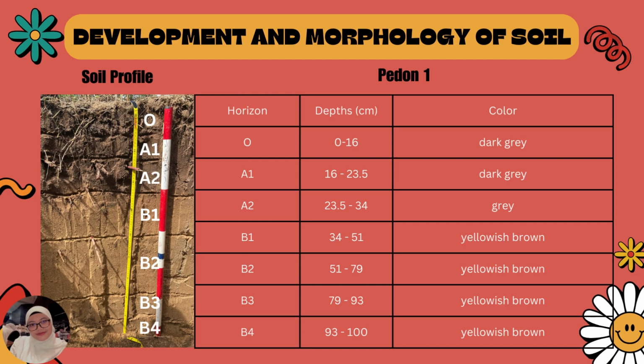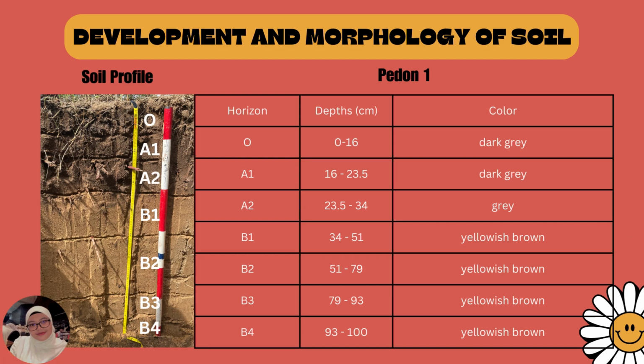B refers to subsoil. B1 34 until 51 cm, B2 51 until 79 cm, B3 79 until 93 cm, and the last B4 93 until 100 centimeters. From B1 until B4, the color is yellowish brown.